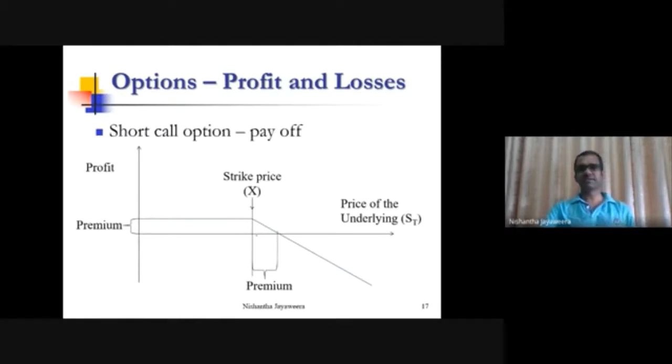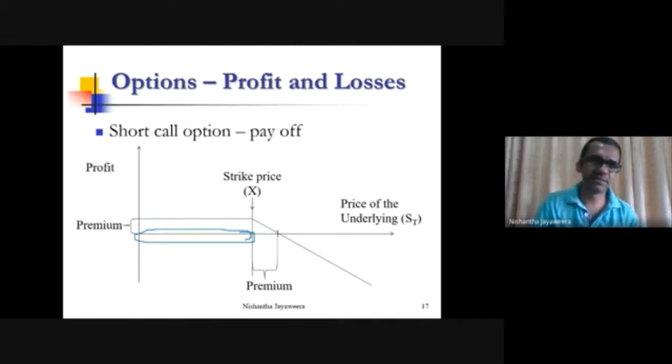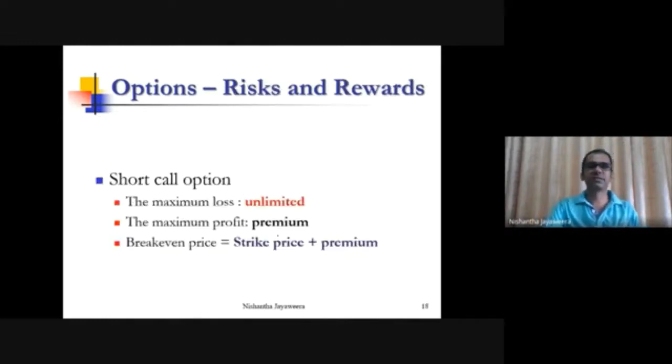Whenever the spot price remains below the strike price, in this area, then the seller of the call option gets the maximum profit as the premium. So again, the break-even point, same as earlier, strike price plus premium.